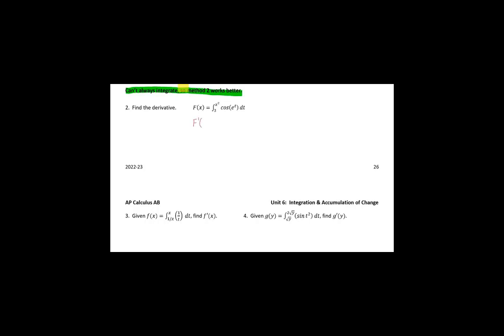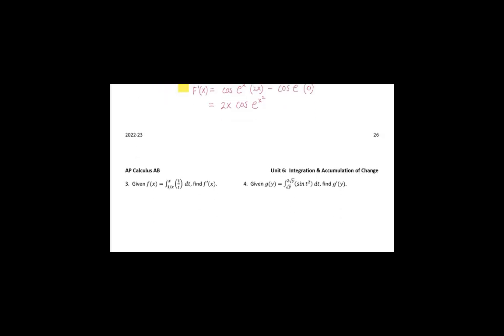F prime of x is equal to, here we go with the upper limit, plug in, this is cosine of e to the x squared times the derivative of x squared, so that's 2x, minus, plug in the lower limit of 3, cosine of e to the third power times the derivative of 3, which again is 0, and we simply end up with f prime of x equals 2x times cosine of e to the x squared. Okay?